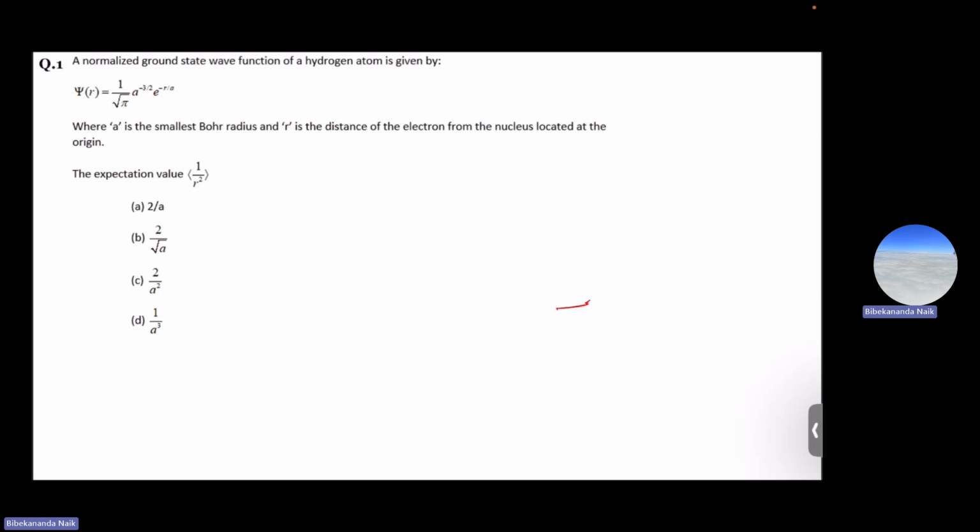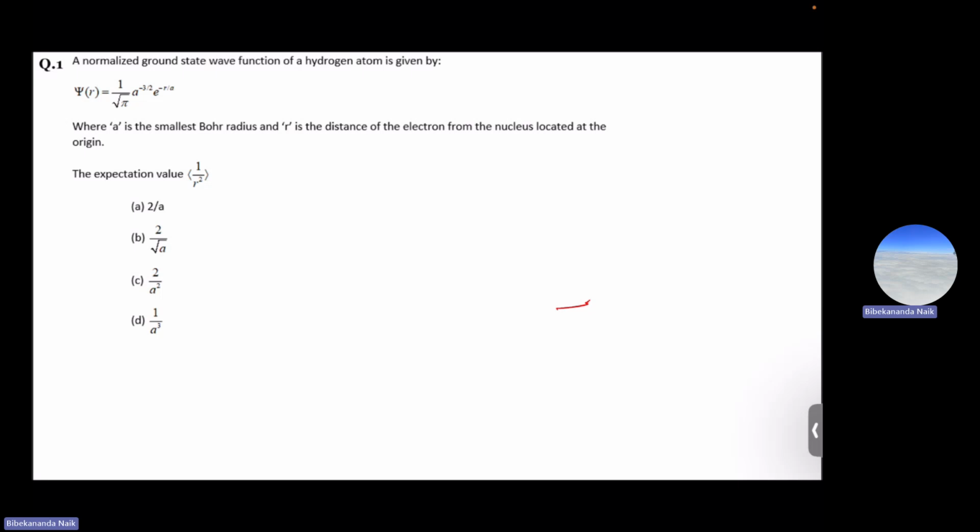The question says a normalized ground state wave function of a hydrogen atom is given by psi of r is 1 by root pi a to the power minus 3 by 2 e to the power minus r by a, where a is the smallest Bohr radius and r is the distance of the electron from the nucleus located at the origin.